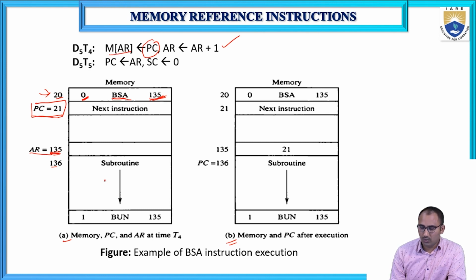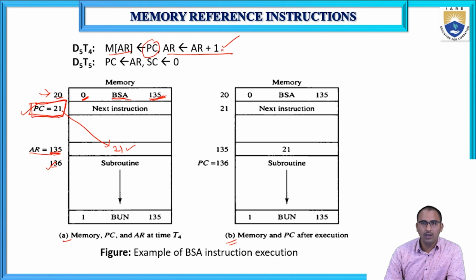What is the program counter address here? 21. That we are storing into the memory location specified by the address register. What is the address register? 135. So in 135 address, what is the value we have stored? 21. Okay. After that, we are incrementing the address register.